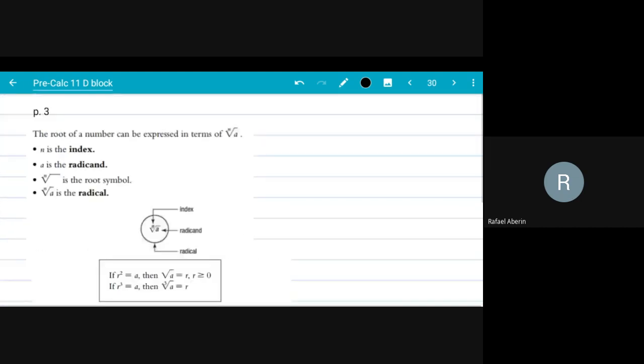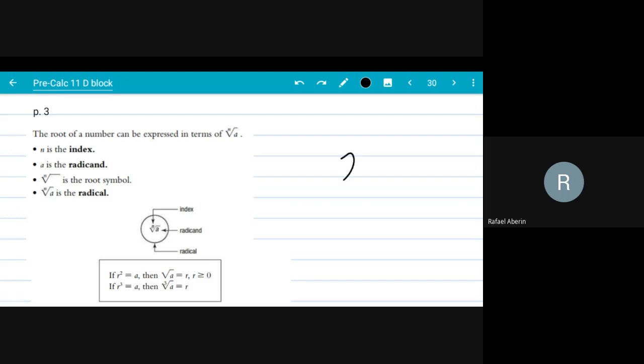So a few things to talk about on page 3. The root of a number can be expressed in this way, in terms of the radical symbol, and then the n, which is called an index, and then the a, which is the radicand. In Math 9, we were talking about a base and exponent, which together is known as a power.